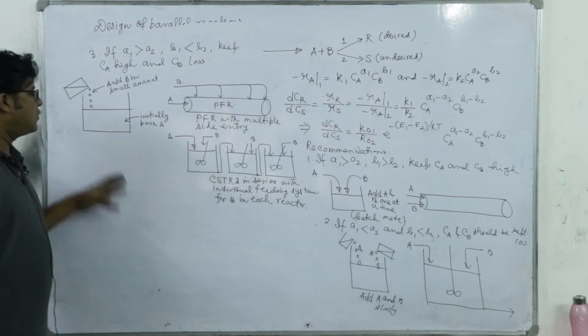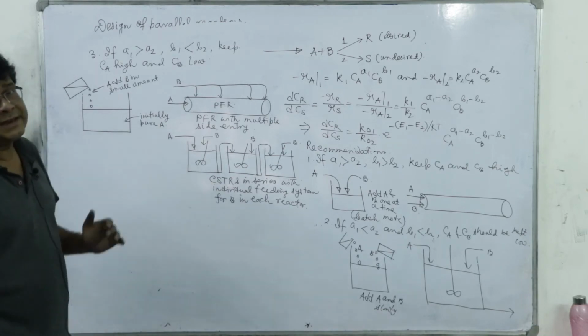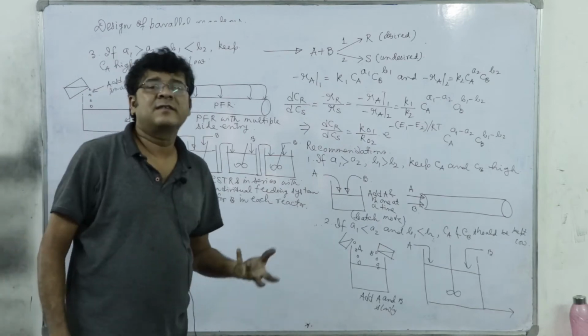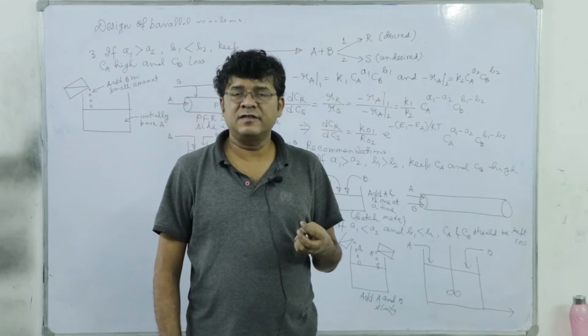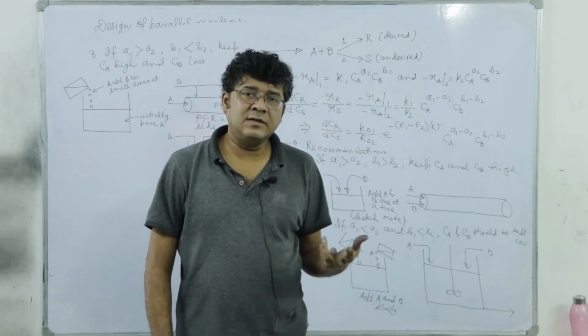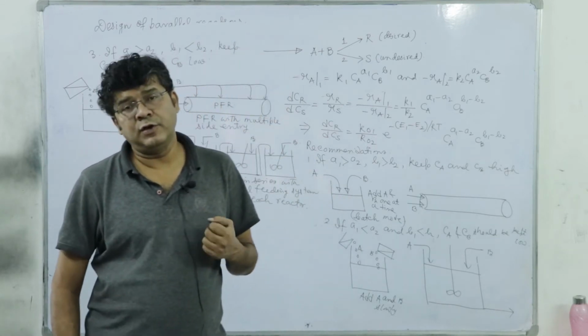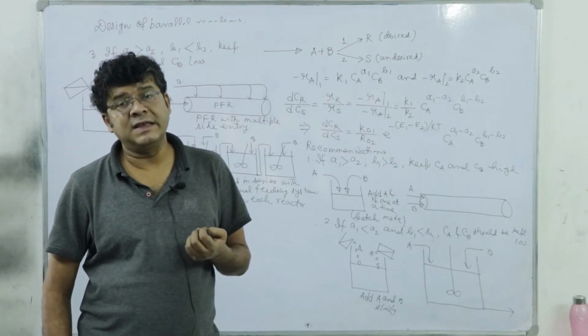Okay. So with that, we have got a qualitative understanding of how to maximize the desired product in a competitive parallel reaction pathway. That we can quantify upon introducing a quantity called yield.